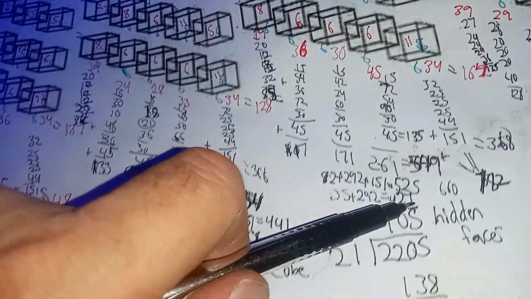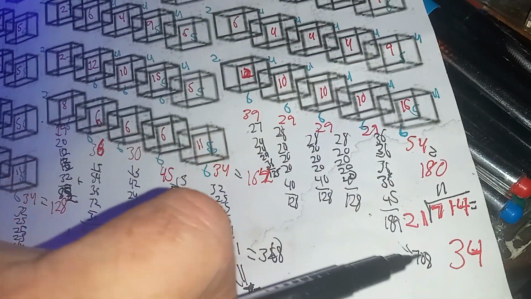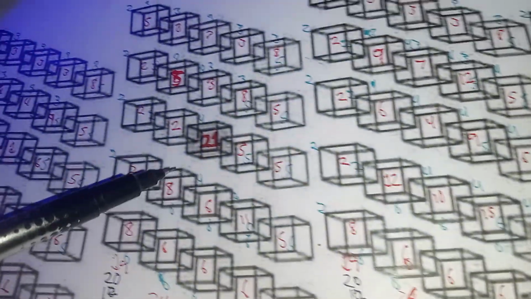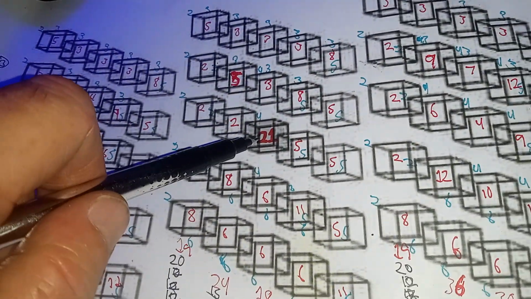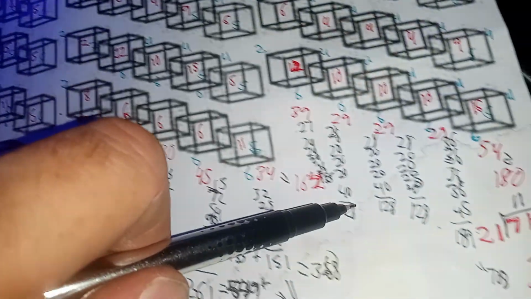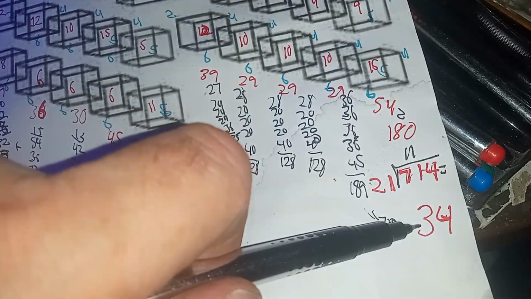And it puts out a number: 714. The central number 21, which is the addition of 1, 2, 3, 4, 5, 6, divides into 714 34 times.